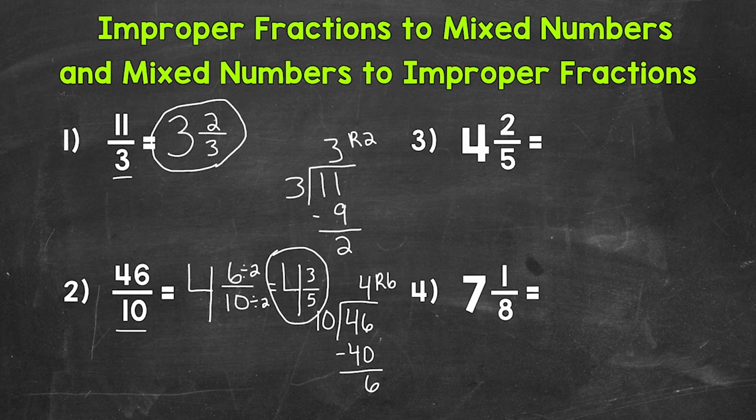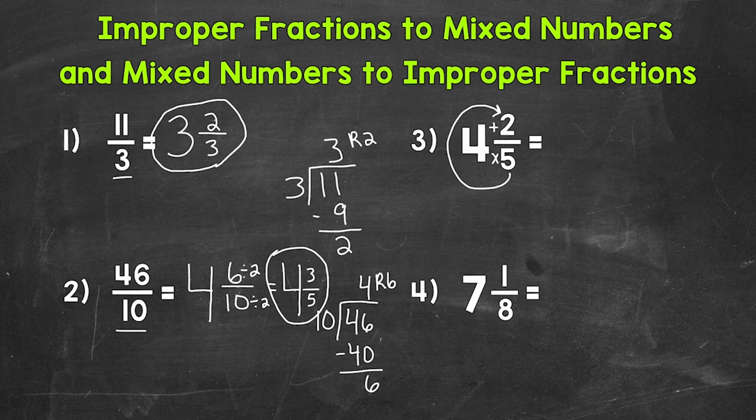Let's move on to numbers 3 and 4, where we have mixed numbers, and we are going to convert them to improper fractions. And we do this by multiplying and then adding. So I'll show you the process first, and then show you how and why it works. So we start at the bottom and work our way up. We multiply and then add.